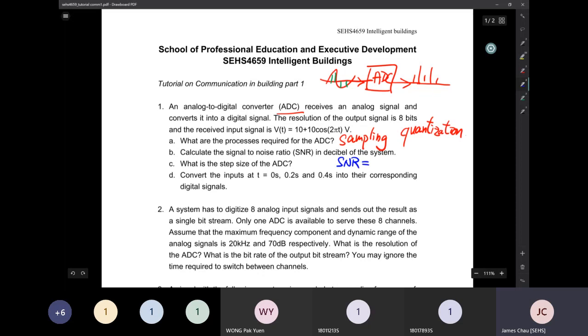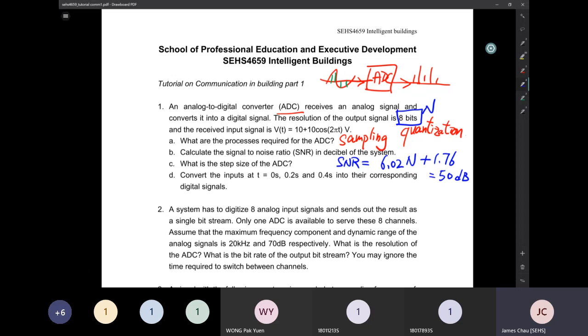SNR equal to 6.02 times n plus 1.76. Okay, now n equal to 8. Therefore, when you substitute 8 into the equation, you can get the signal to noise ratio equal to around 50 dB.